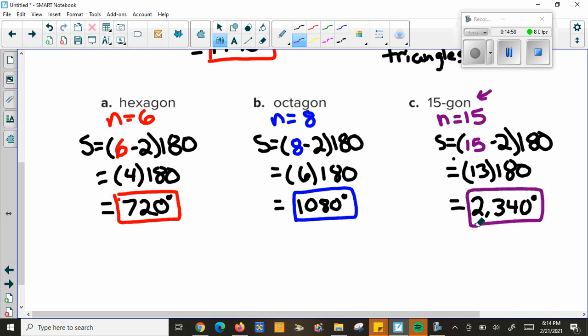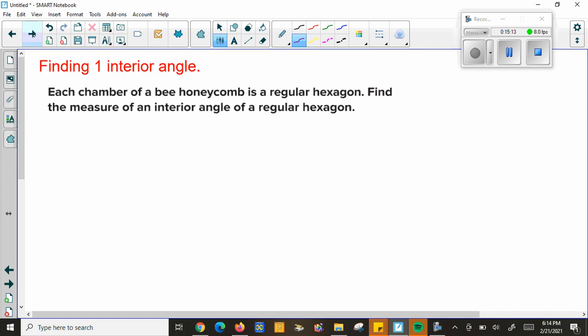Next, we're going to look at a question on just finding one of those angles. So finding one interior angle. Sometimes, as we're trying to find and piece together these shapes, we might be trying to figure out an angle that is made up of a few different things.